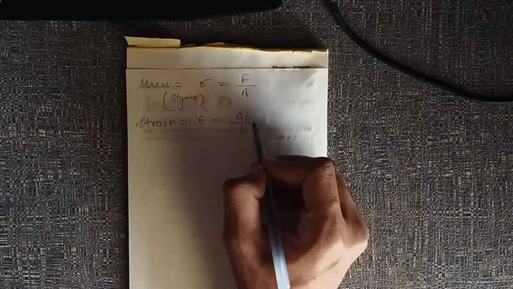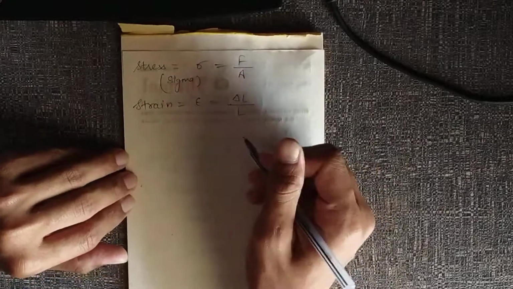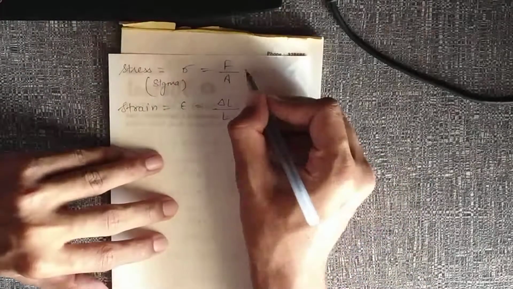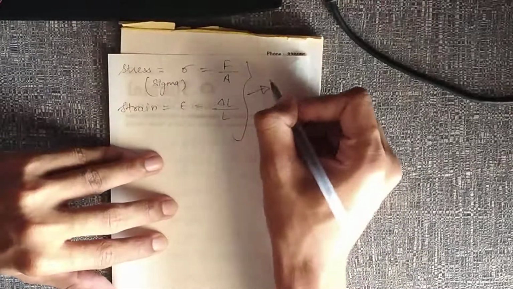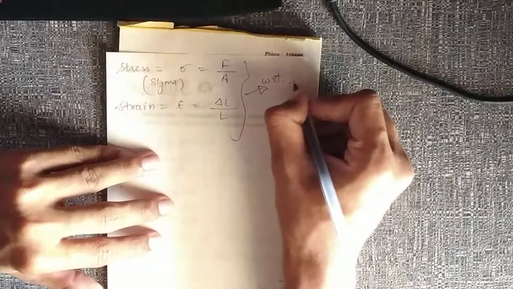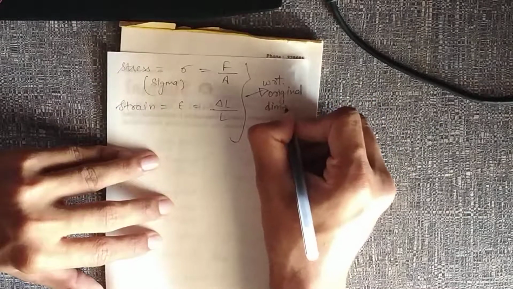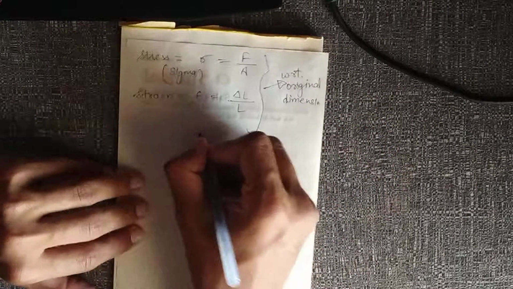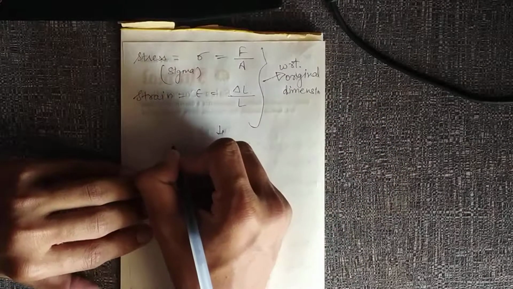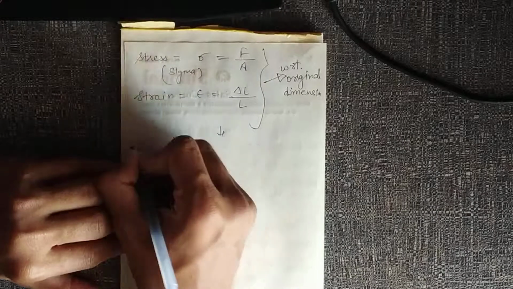We can define the force, area and change in length in two ways. So stress and strain can be defined in two ways. The first is with respect to original dimensions, and the second with respect to instantaneous dimensions.